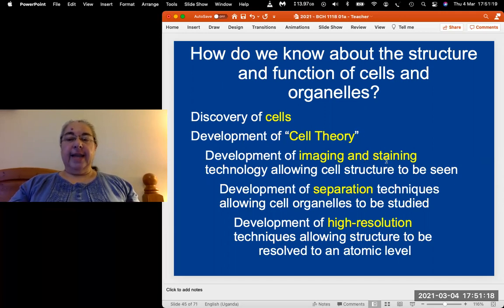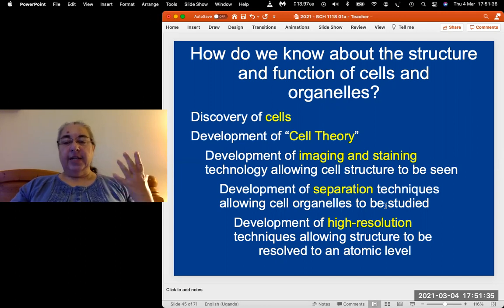Then techniques to look at cells, to image them using microscopes and other magnifying instruments like electron microscopes, staining to let us see what's inside a cell, separation techniques to separate cells from each other and separate organelles within the cells from each other, and most recently, high resolution techniques, which allow us to see cells and structures within cells right down to an atomic level.